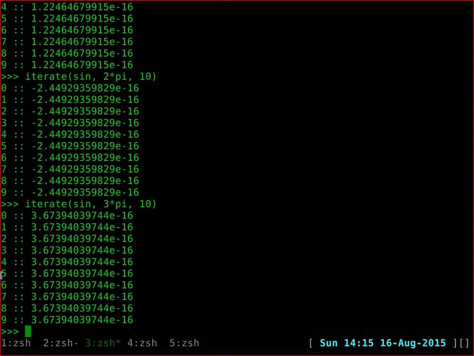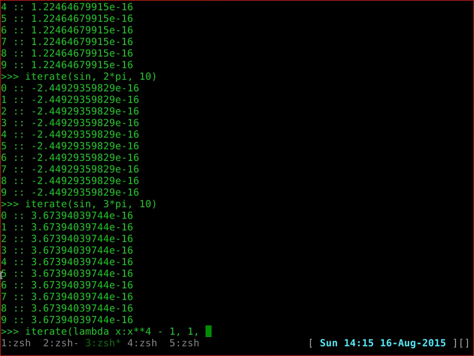As an example of this, let's take the function lambda of x raised to 4 minus 1, and the number we are interested in is 1.